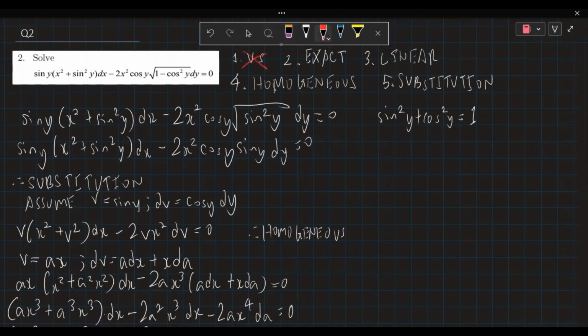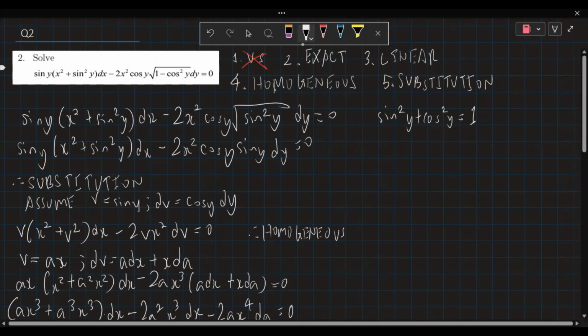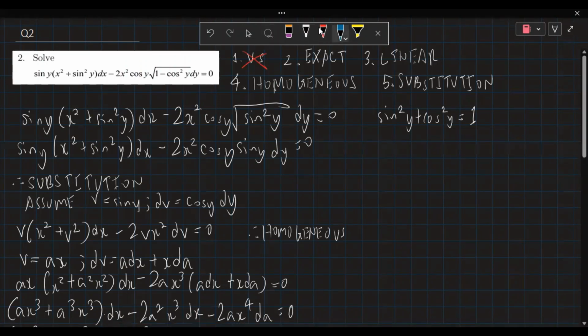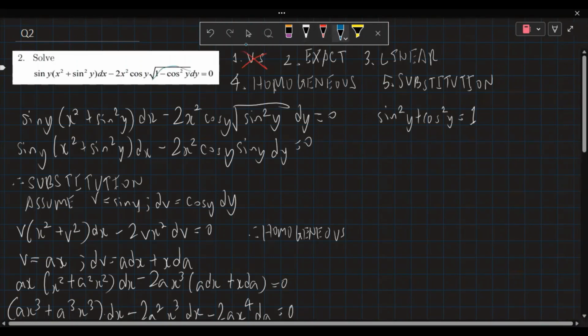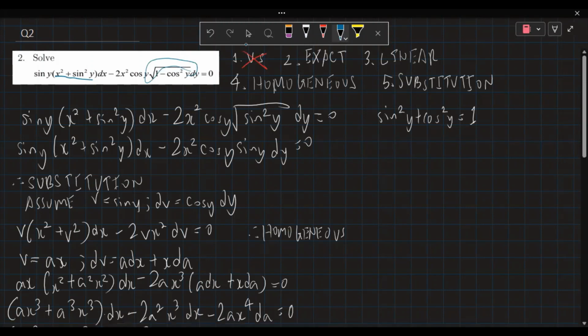Next, is it exact? So, mental differentiation. It will not be. I think it's very obvious it will not, because there is a square root here, and then there is this x squared plus sine squared y, and there's also a 2x squared here. So basically, it will not.